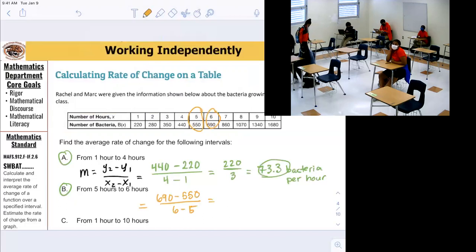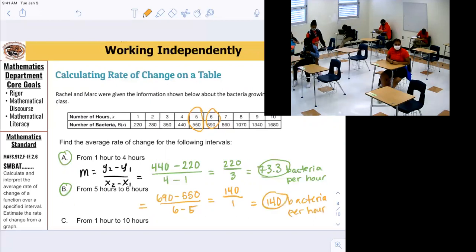So what do I get in my numerator? 140. Yeah, good. And my denominator? 1. So I just get 140. What are my units? Bacteria per hour. Good. And that is it.